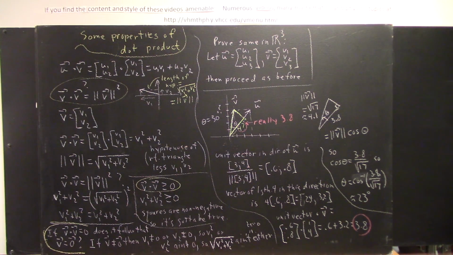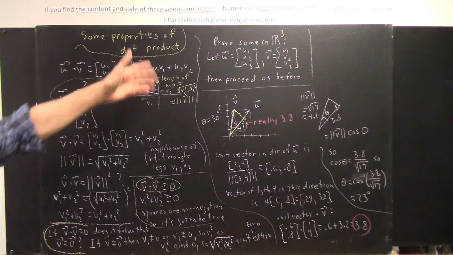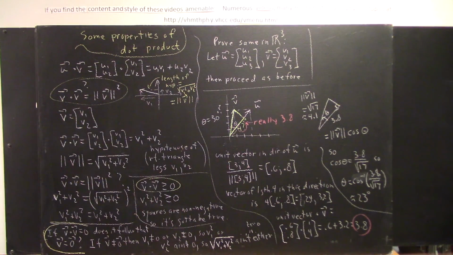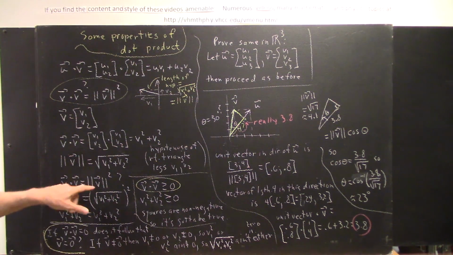The magnitude of v is just the hypotenuse of the right triangle with legs v1 and v2, as we illustrated up here. It's the square root of v1 squared plus v2 squared, just the way we calculated it. So, is v dot v equal to the square of the magnitude of v? Now, we're doing a lot of steps here, and you already see it, I'm sure, but let's just work through the steps to be sure.